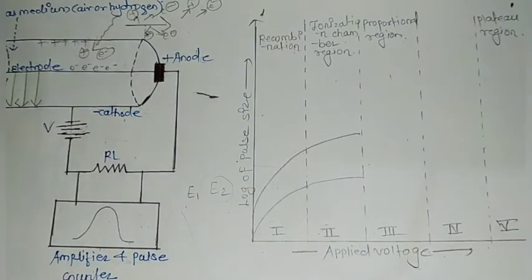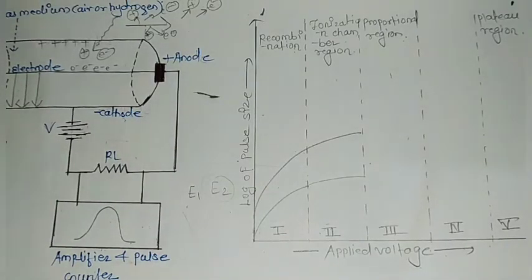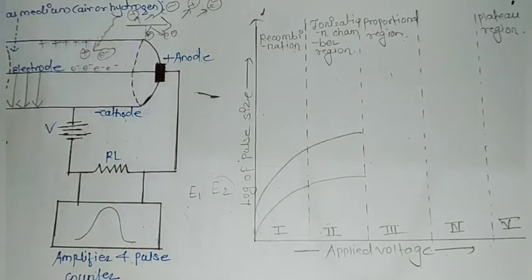So, the greater the size of the current pulse, the greater the kinetic energy of the incident particle. This kind of nuclear detector is basically used to detect highly energetic alpha particles, beta particles or gamma radiations.